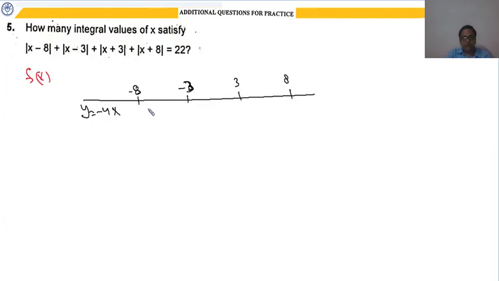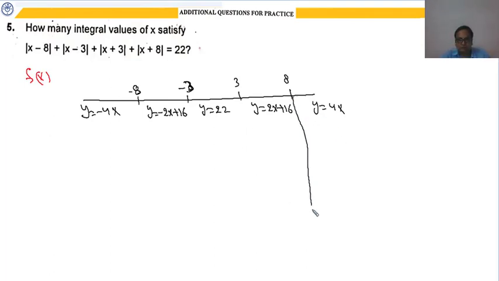Case 2, we had y is equal to minus 2x plus 16. Third case, y is equal to 22. Fourth case, 2x plus 16. And fifth case, y is equal to 4x. So we should draw the graph in the respective regions.